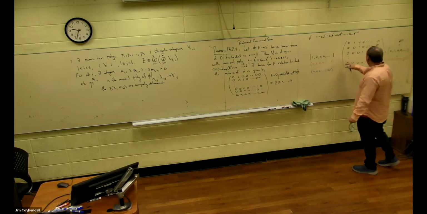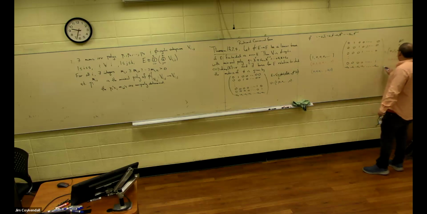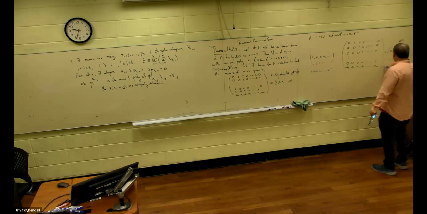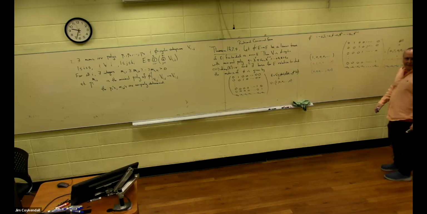Well, now all the zeros are up. I don't get any contribution from this except from the bottom row. I get minus a0, minus a1, minus a2, minus a_{r-1}. Agreed?